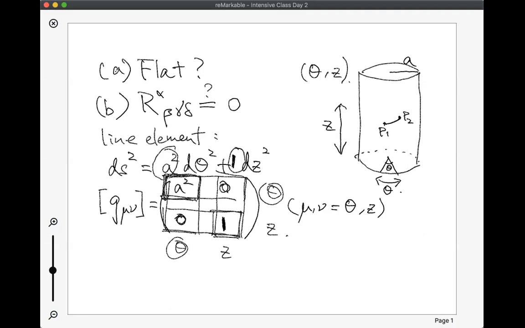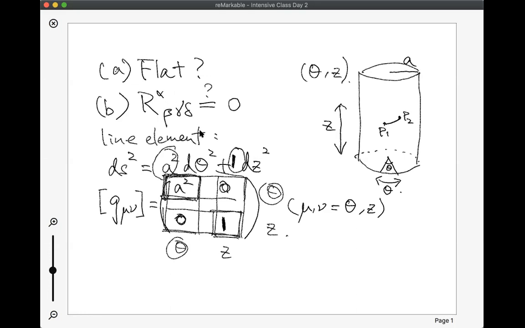So what can we say about the Riemann tensor now? Can anybody quickly tell us what we can deduce from this metric about the Riemann tensor? Because don't forget that our ultimate goal is to calculate the Riemann tensor here, right?